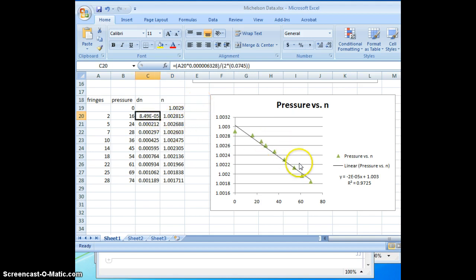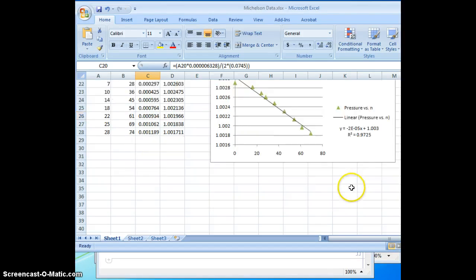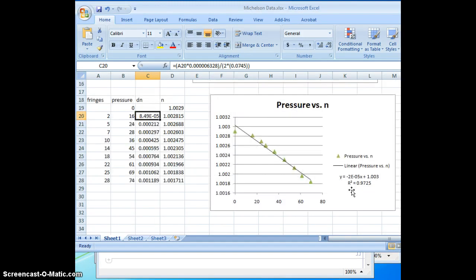I plotted that here just quickly in Excel, and what we find is a pretty linear relationship, with a slope of 2 times 10 to the negative 5 on the way back down.